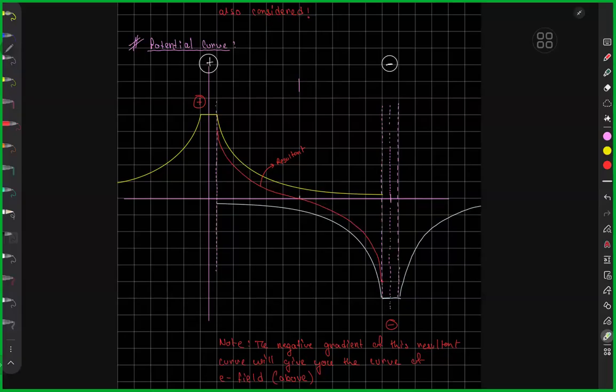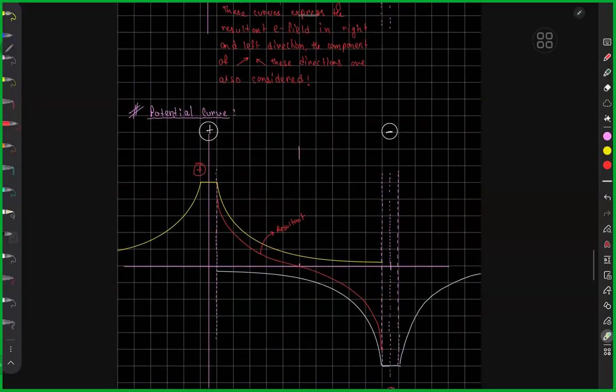That is the resultant electric potential curve due to two opposite charges existing. Now look, what does this red line mean? That is the question.